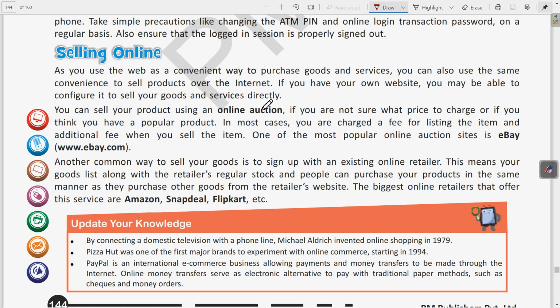Then the next approach is online auction, which we have seen in the customer to customer model of e-commerce.